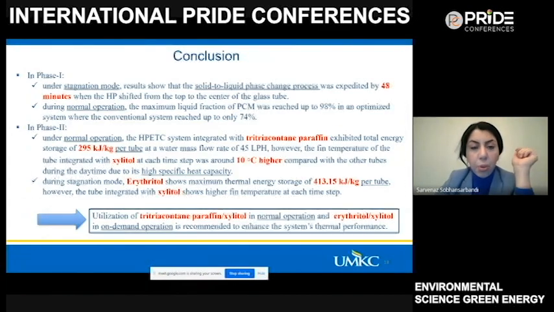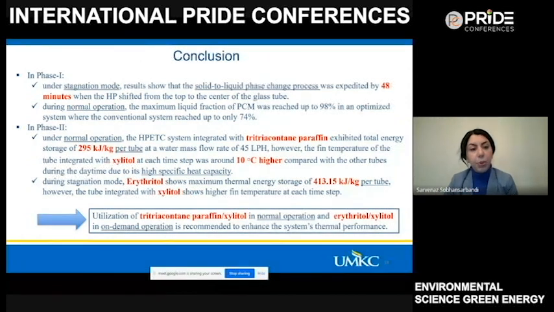Overall, we concluded that by doing this analysis under a stagnation operation, which was an on-demand operation, the solid to liquid phase change process was expedited by 48 minutes with the proposed design, where the heat pipe moved from the top to the center of the glass tube. During normal operation, the maximum liquid fraction of the PCM reached 98% in the optimized system, compared to the conventional one, which only reached 74%.